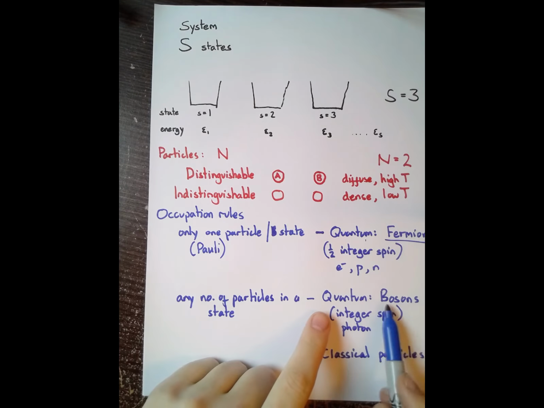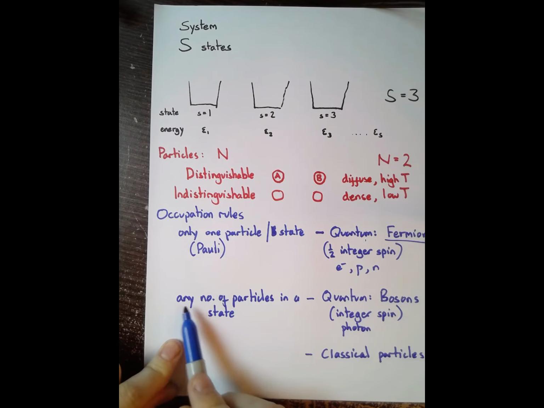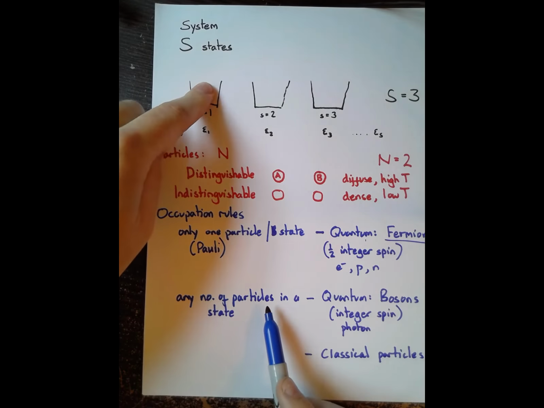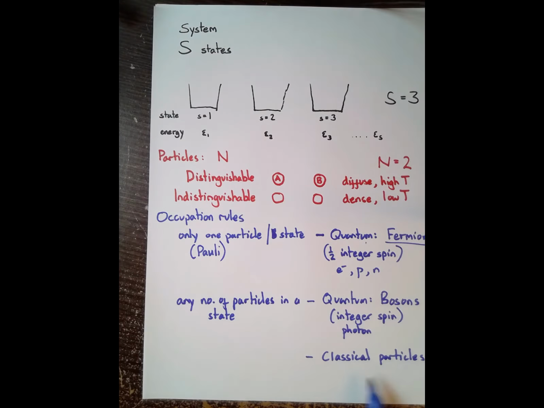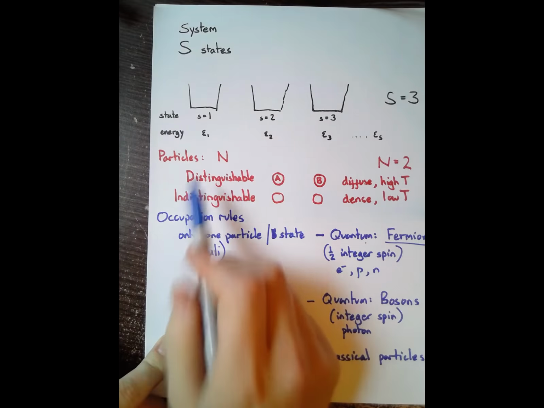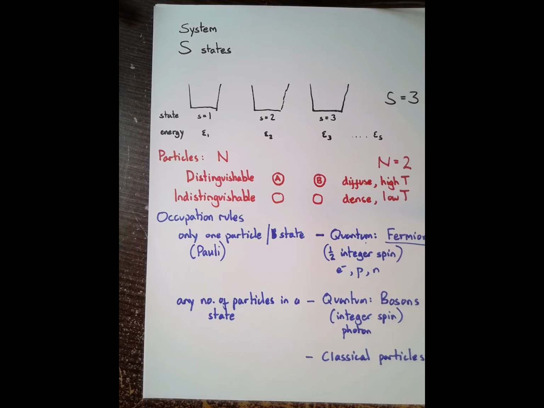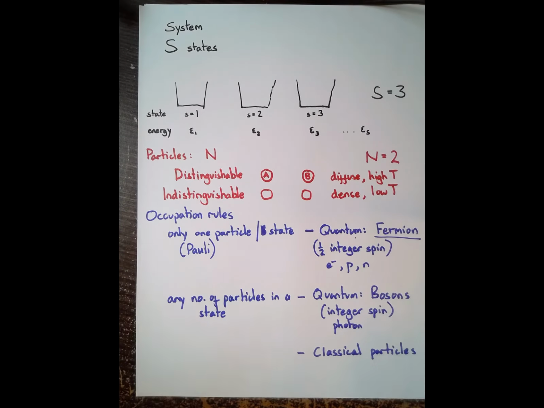You can place bosons in the bucket, in which case you can put any number of particles in a state, but they're still indistinguishable. Or you can place classical particles in the states, in which case you can place any number of particles in a state and they are distinguishable. So this is our setup.